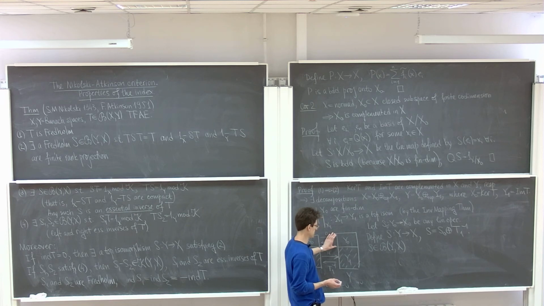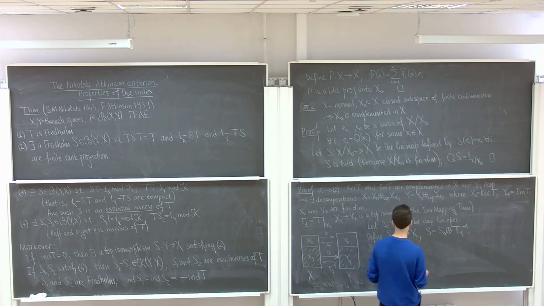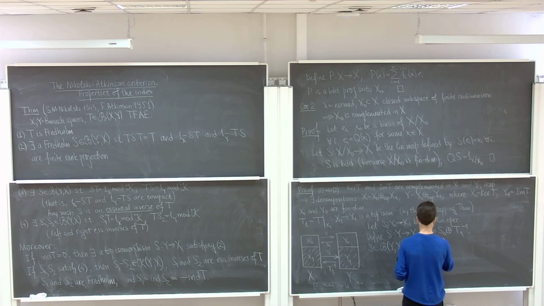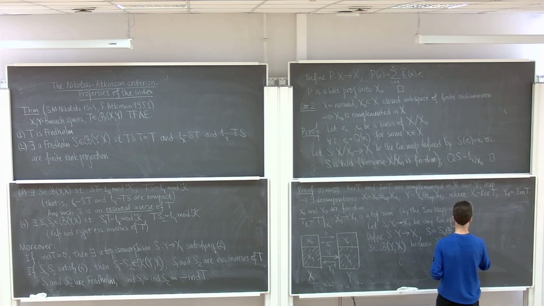So the first map S0 is bounded because the space is finite dimensional, and T1 inverse is bounded because T1 is a topological isomorphism. So S is bounded because S restricted to y0 and S restricted to y1 are bounded.